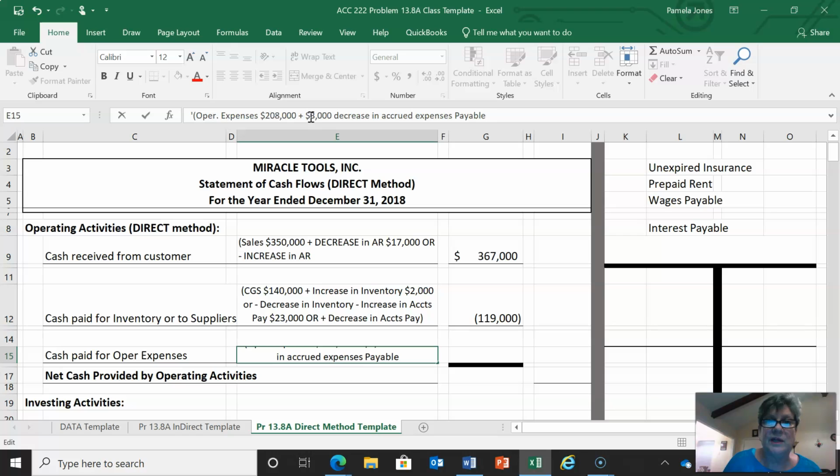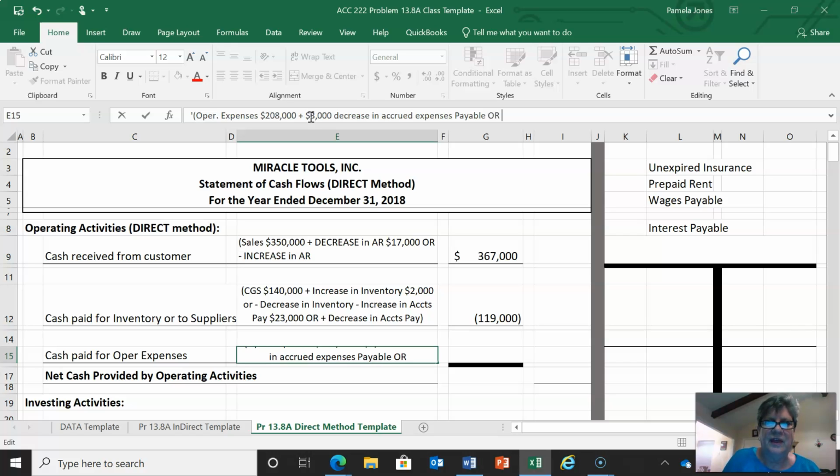So the decrease in accrued expenses payable is going to be added, but I think I said that incorrectly. A decrease in a prepaid account would mean that we expensed more than we paid. So I did say that incorrectly.